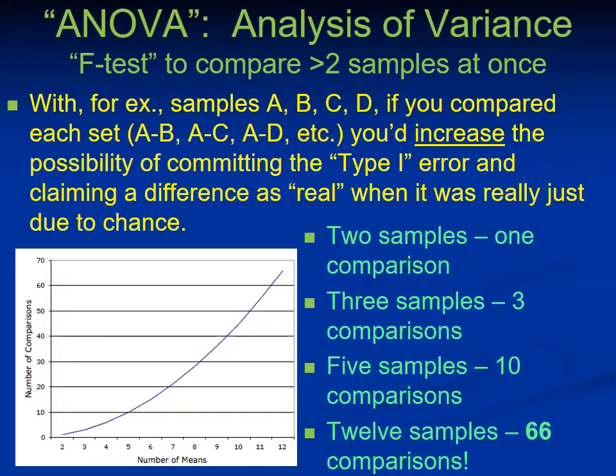So for example, if you have 4 samples A, B, C, and D, and we set about to compare them all separately, comparing A and B, A and C, A and D, and so on, we're going to be more likely to claim a difference as real when it was really just due to chance because of the higher number of comparisons.